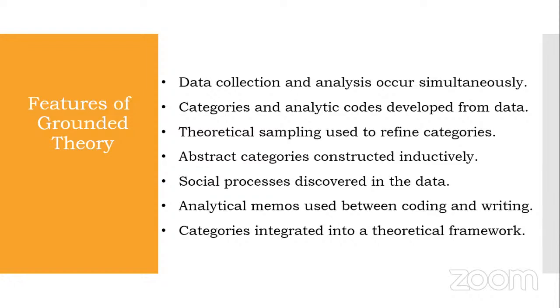So memoing is a very important step, I would say, in grounded theory research. I will show you different types of memos that we use and what we can use as a memo in grounded theory research. So it's something that bridges the gap between coding and writing. All right. Finally, these categories which emerge from the memoing and coding are integrated into a theoretical framework. Okay, so that's how it works.